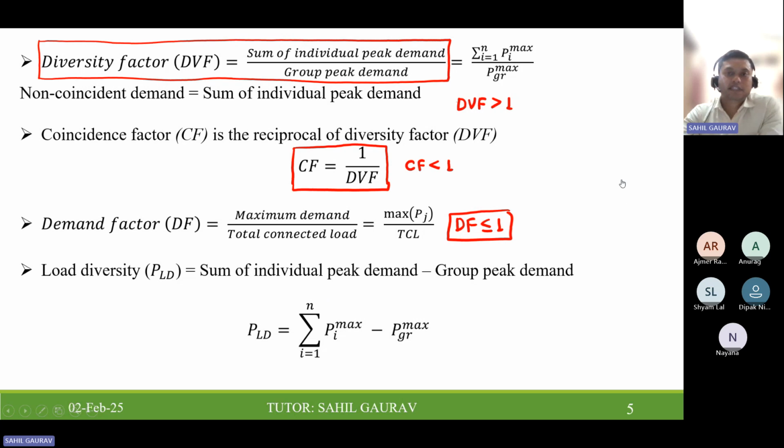Load diversity is the subtraction of the sum of individual peak demands minus the group peak demand. You know the diversity factor is the ratio of the sum of individual peak demands to the group peak demand. So you just subtract the denominator from the numerator, and you will get the load diversity.